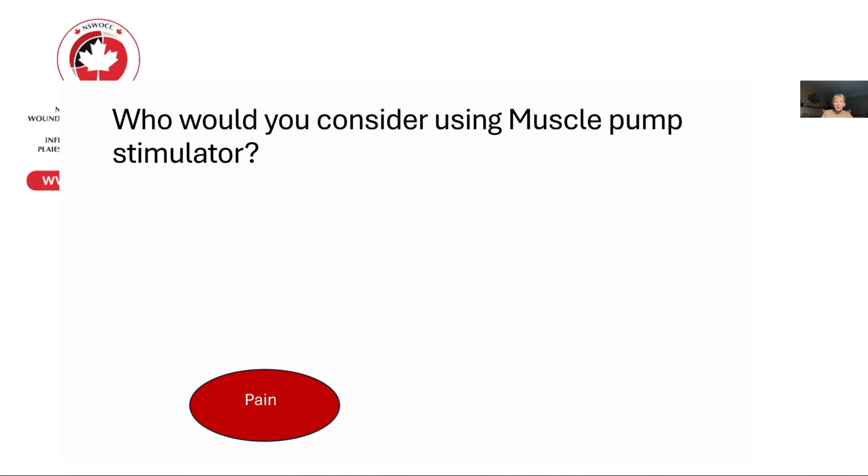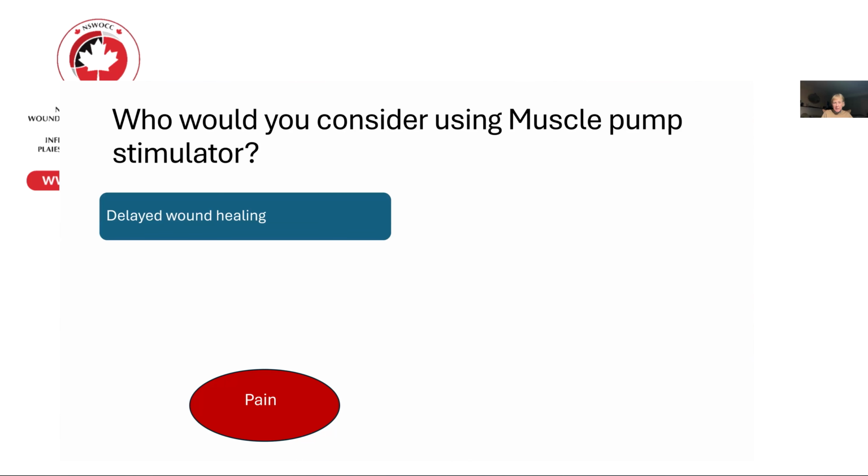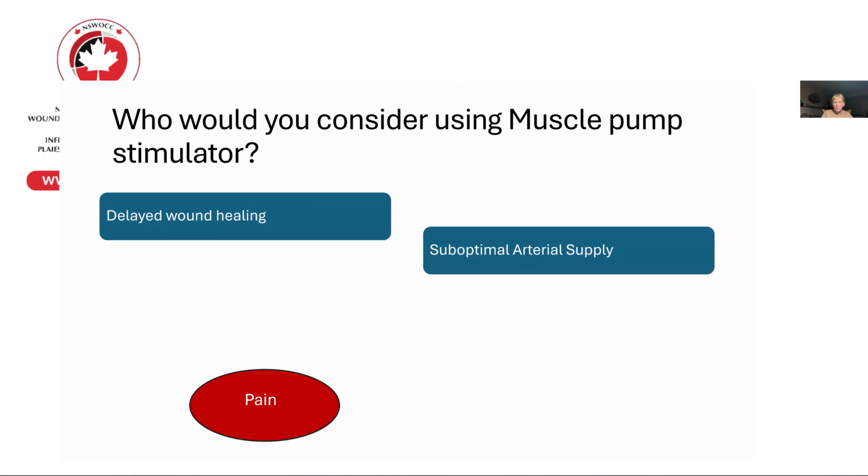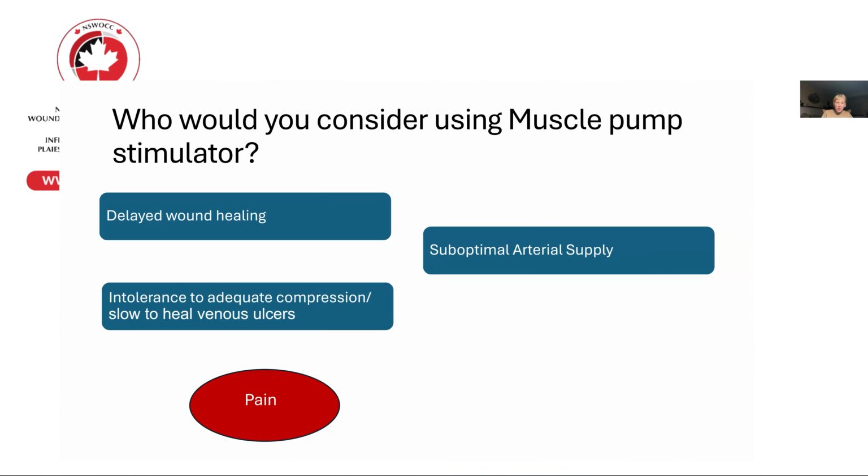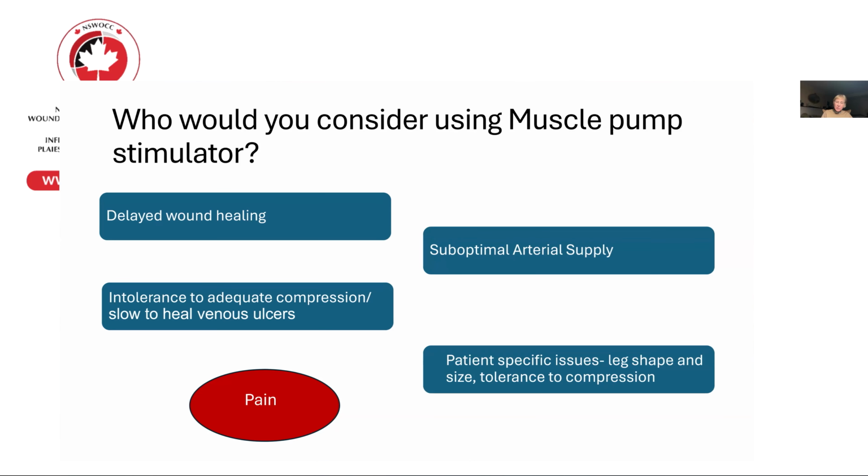So when would you consider using a muscle pump activator? Andrew, you can go ahead and populate these. So we said delayed wound healing, that would be one option. When the blood supply is not great, intolerance to adequate compression, or slow to heal wounds. Patient-specific issues, leg shape can sometimes be a challenge for compression.